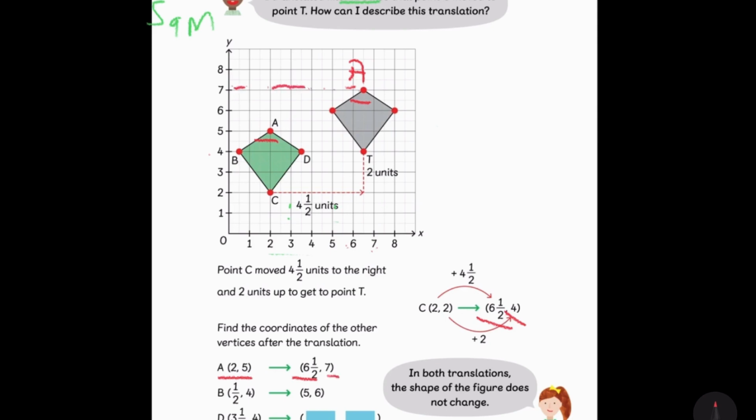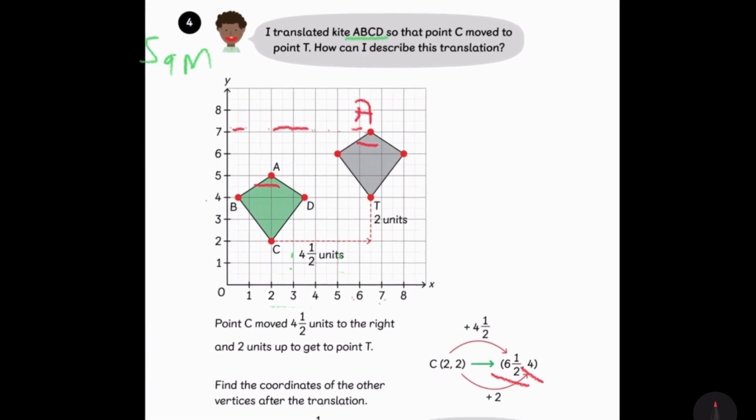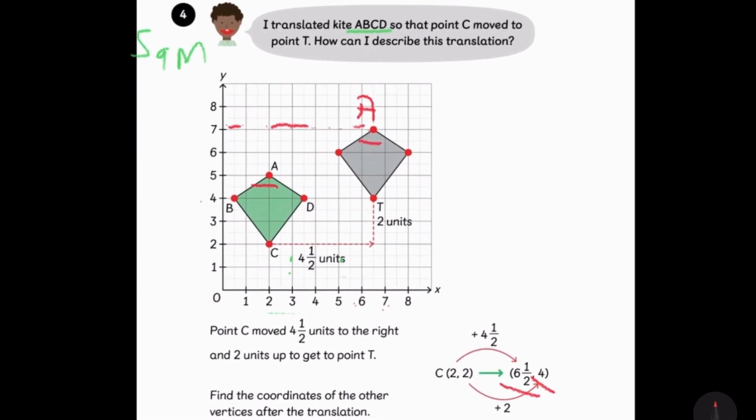Let's write here, half comma 4 has translated, this is my B point, to 5 comma 6. My C, this is B, and C is 2 comma 2. It has translated to 6.5 comma 4.